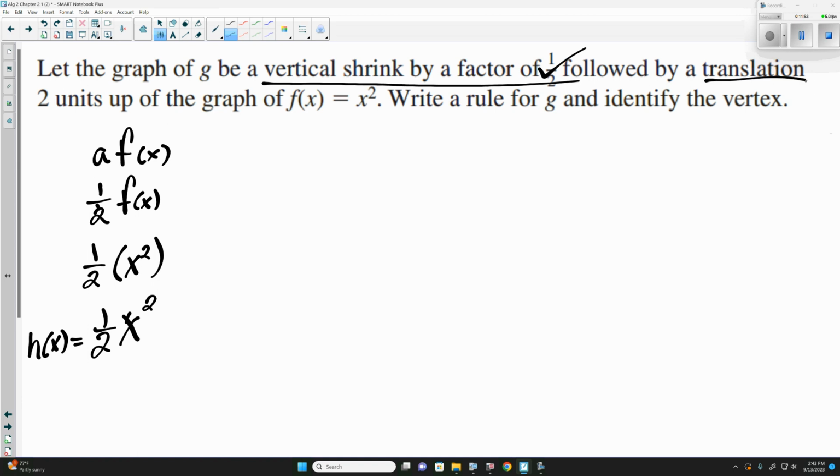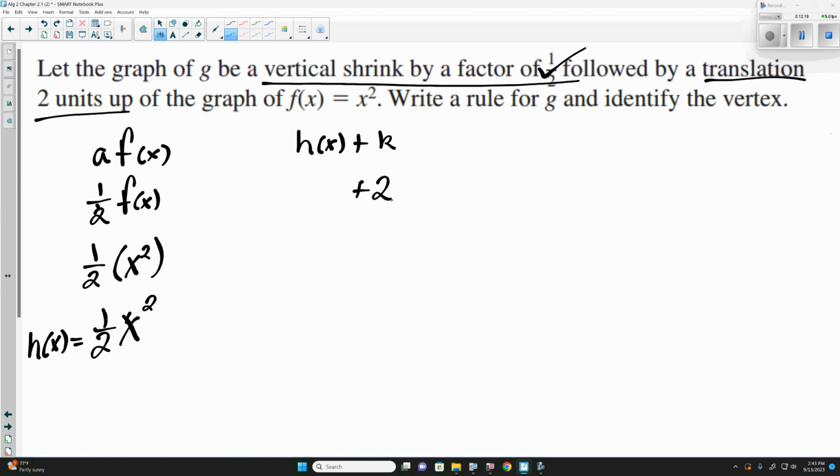Then we have a translation of 2 units up. So if we wanted to do this step by step, we would say h of x plus k. But we know that the k value is +2, yes? Are we really doing anything to h of x when we plug it in?